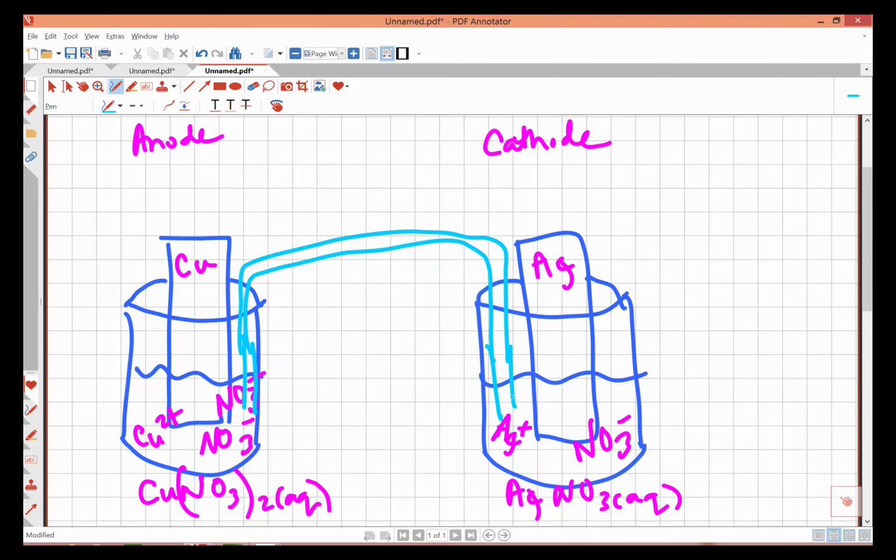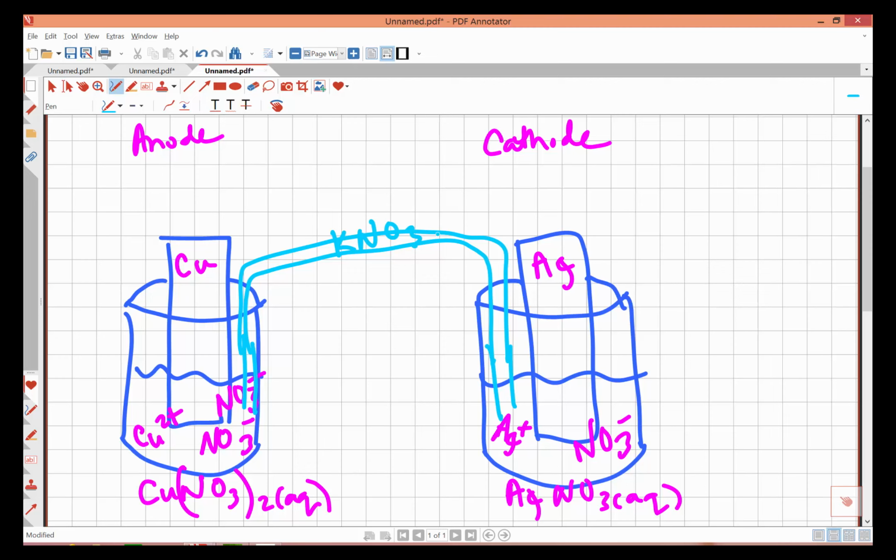So it needs to also contain a soluble salt, and a salt that won't precipitate with anything else. So a great soluble salt would be either a sodium nitrate or a potassium nitrate or something like that. So this salt bridge contains potassium nitrate, and I'll explain what happens with that later as we put this together.